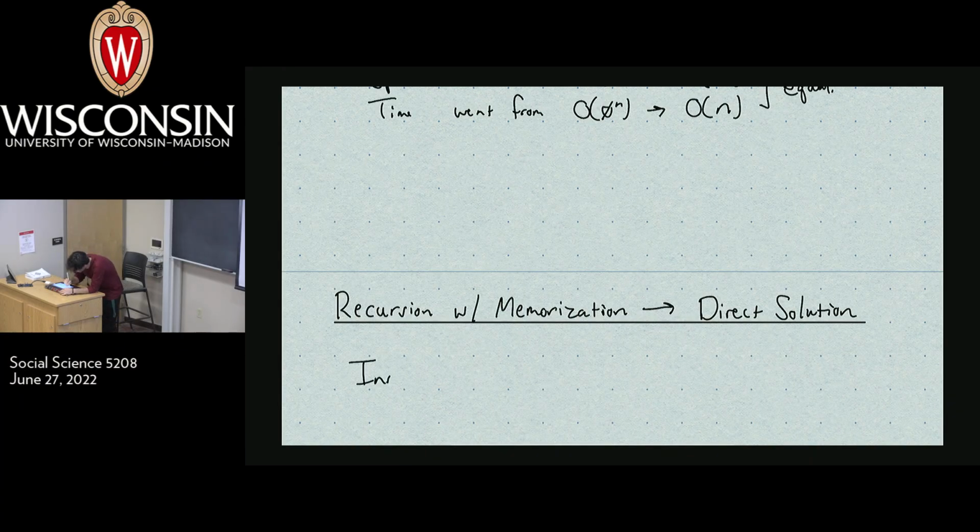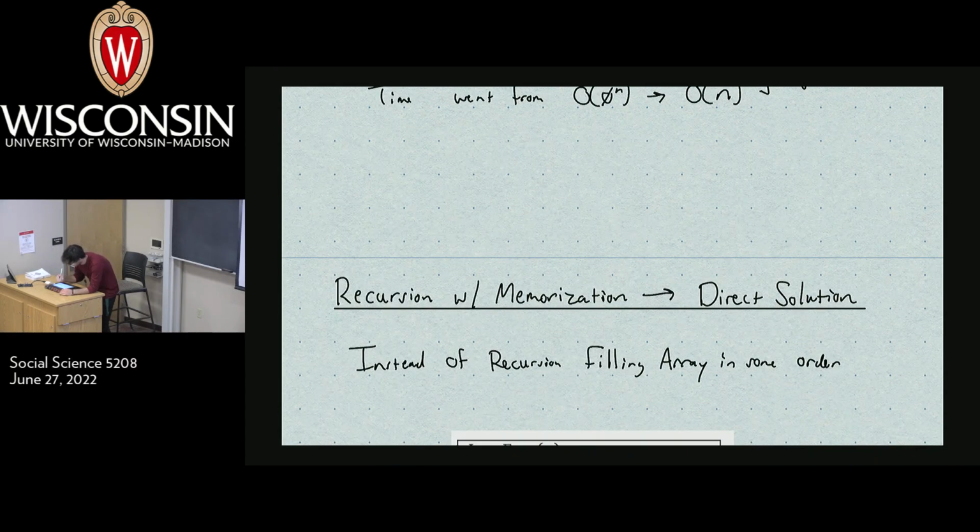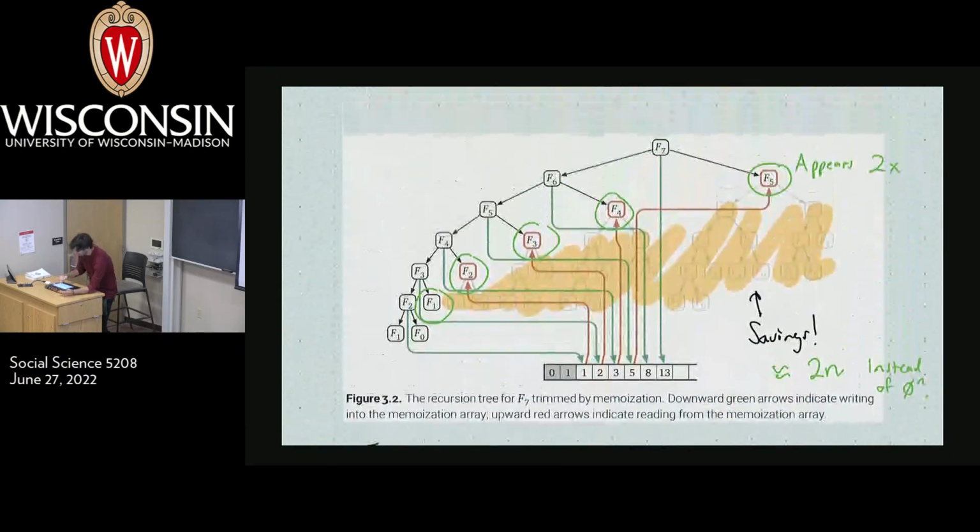So instead of recursion filling the array in some order, or in other words, instead of computing the partial solutions in some order, we're going to just do it directly. So we just look at what the algorithm's doing. Notice there's these dependencies here.